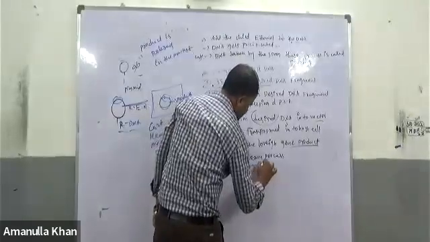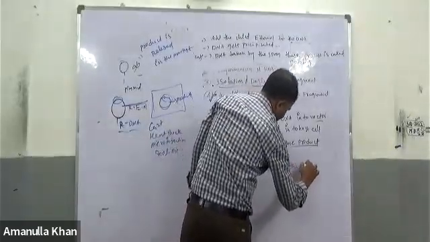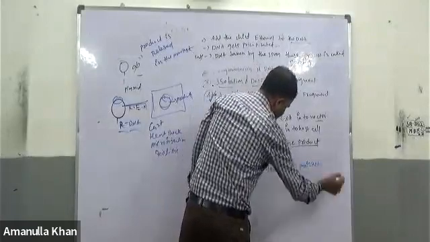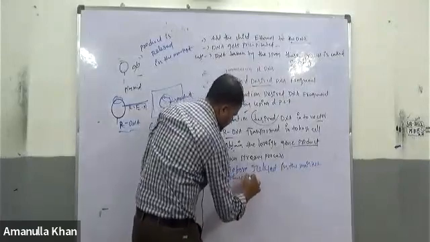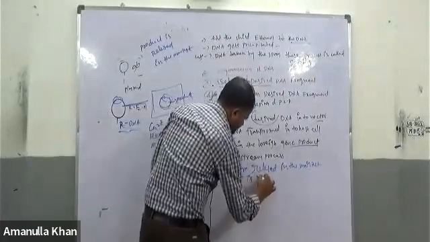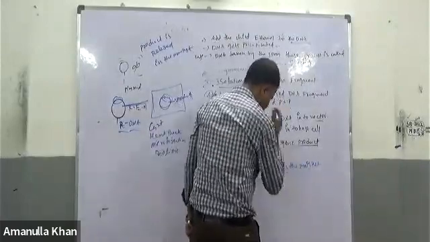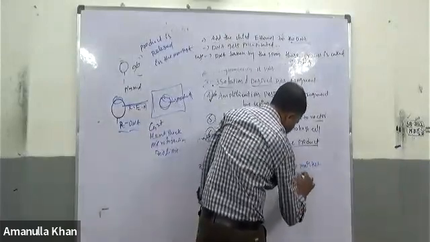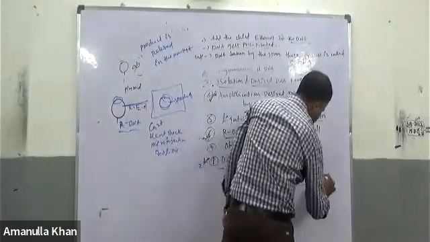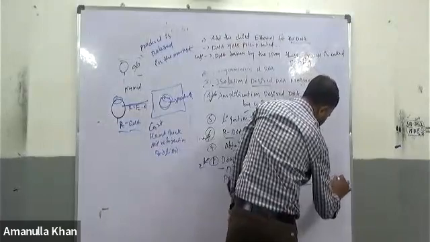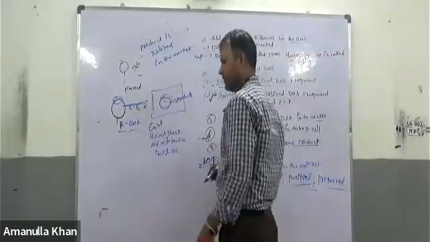Before release in the market, the product is separated, and after separation, purified and preserved. This step is called the downstream process, important for 2 marks also.